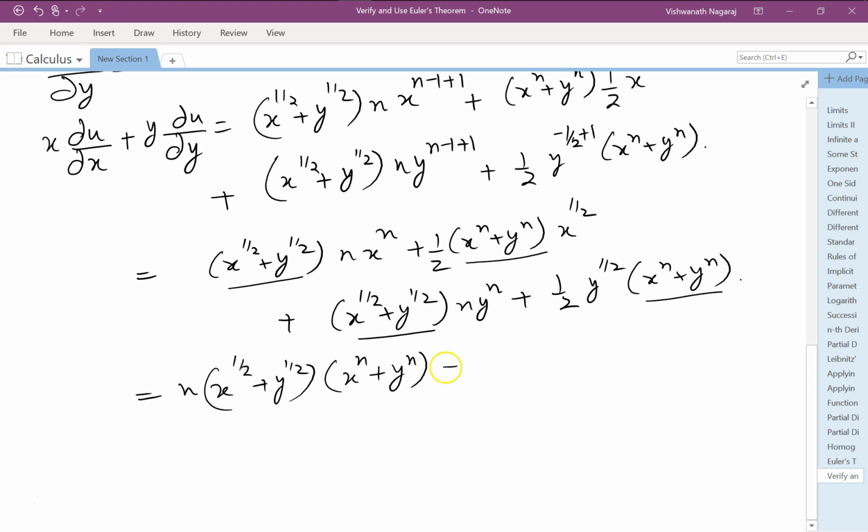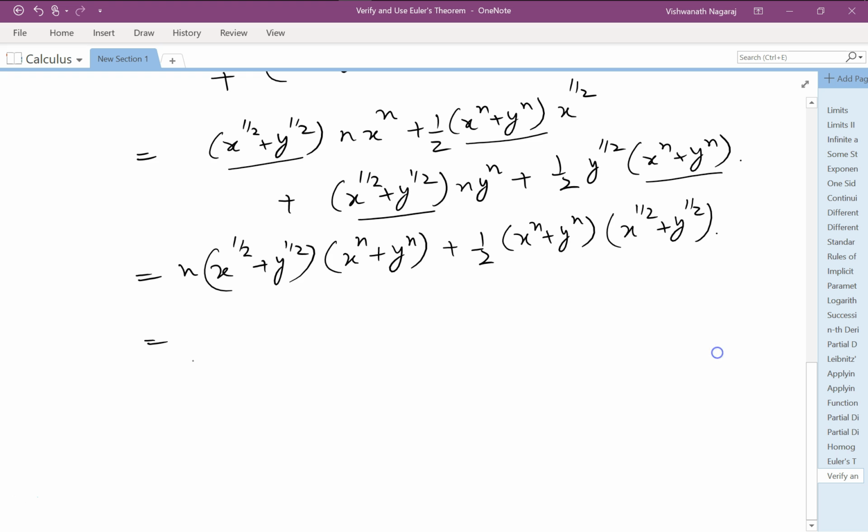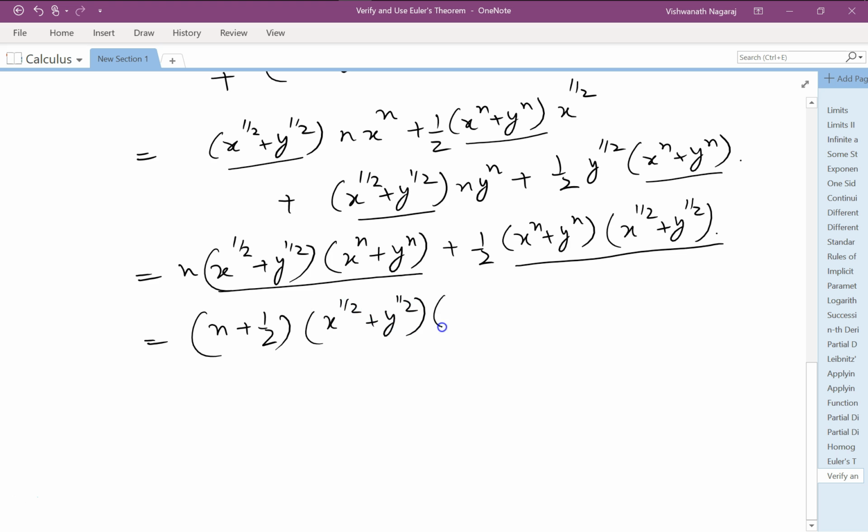Similarly, half of x to the power of n plus y to the power of n is common, and what is left is x to the power of half plus y to the power of half. Now this and this are common, so n plus half times x to the power of half plus y to the power of half, x to the power of n plus y to the power of n are common.